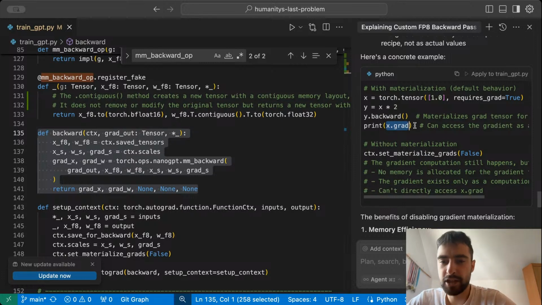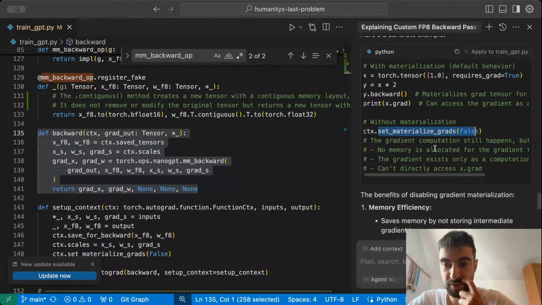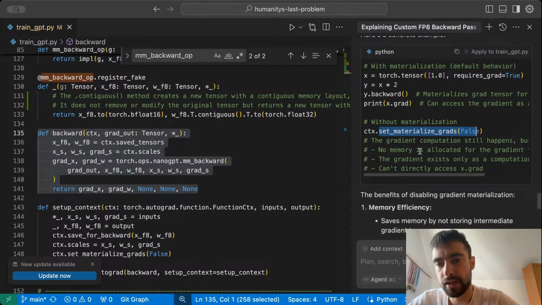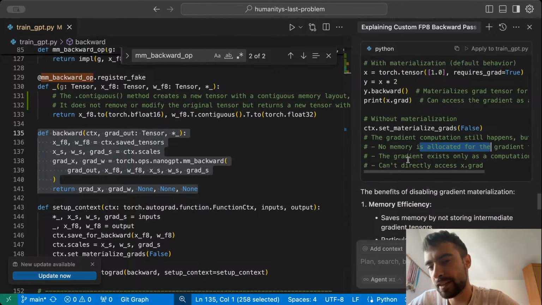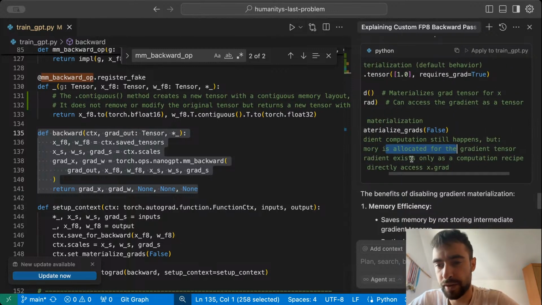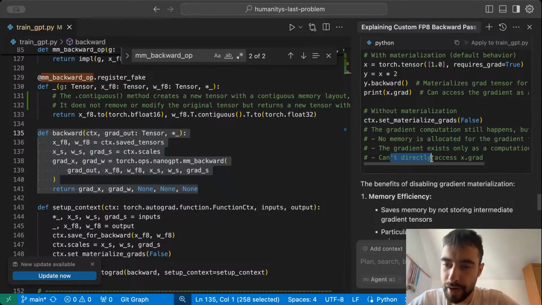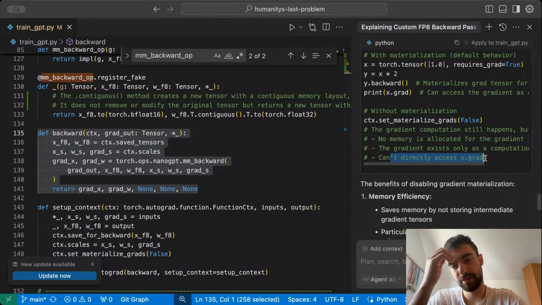Without materialization, context set materialize grads false: the gradient computation still happens, but no memory is allocated for the gradient tensor. The gradient exists only as a computation recipe. Can't directly access x dot grad. Okay.